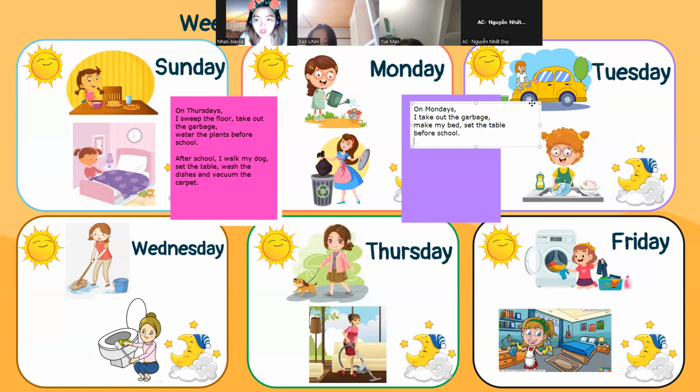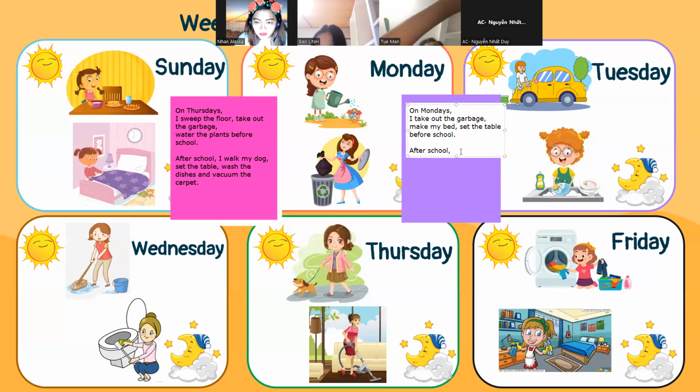And then after school, I fold clothes. Is it my or our? Is it just yours or your family?